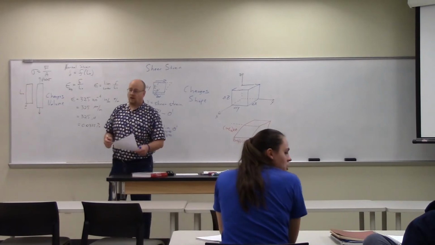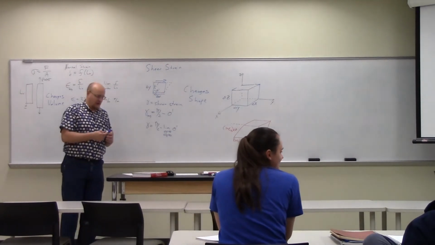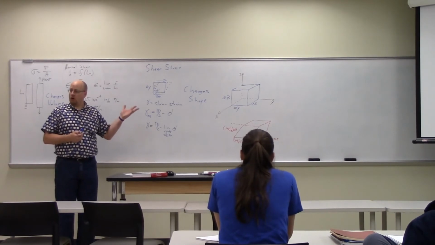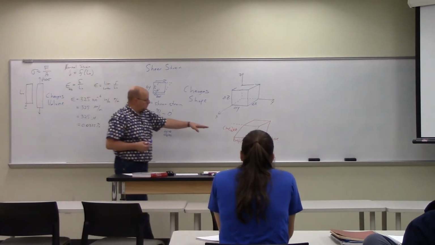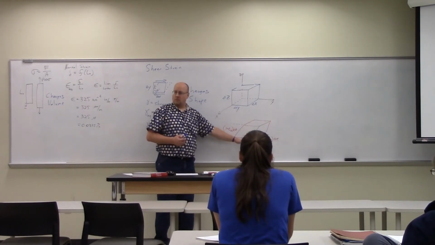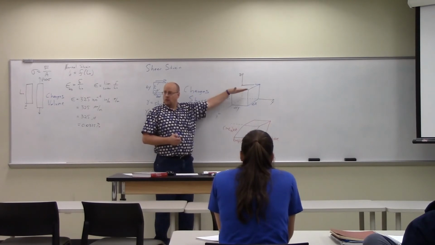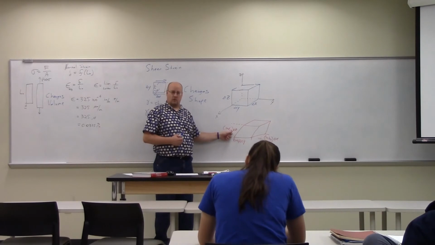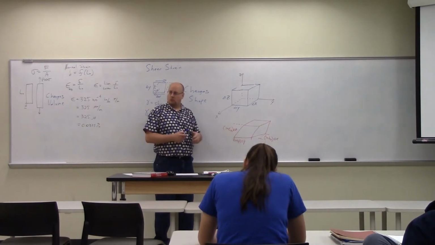Okay, so we've strained them. The lengths of the sides in the x, y, and z directions have become longer. The distance from the top plane to the bottom plane is greater here than it is here. So the new z length is 1 plus the strain in the z direction, the normal strain, times what it was before.